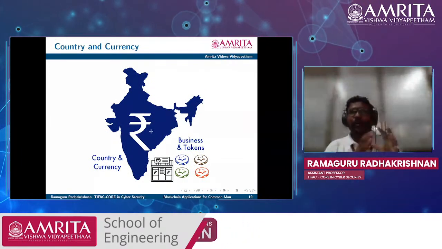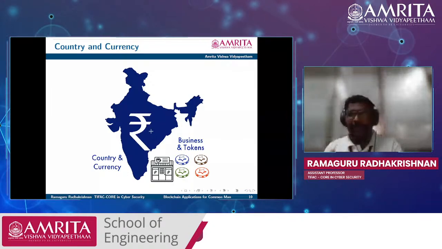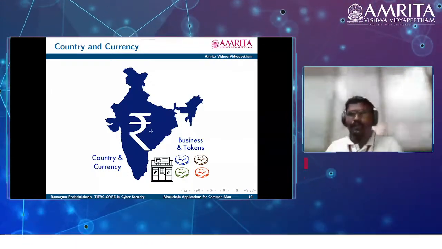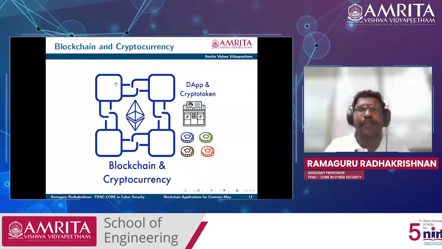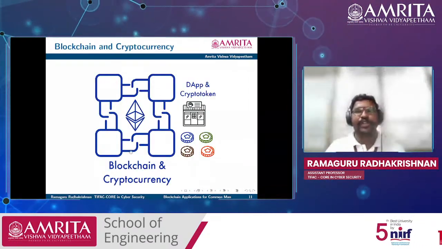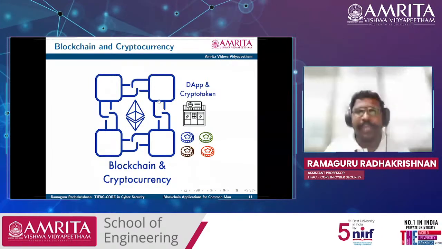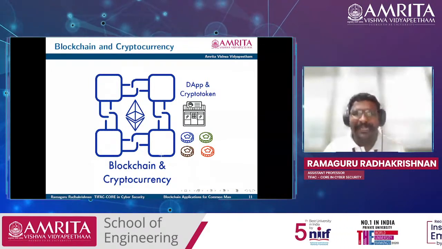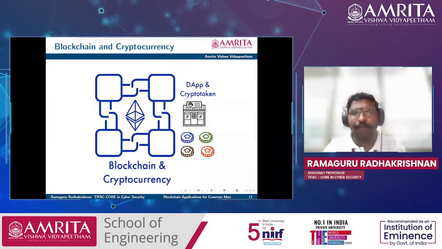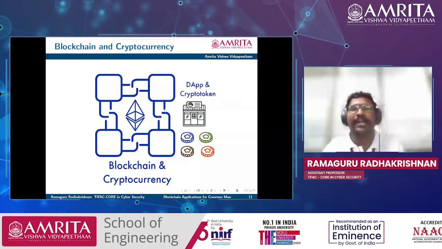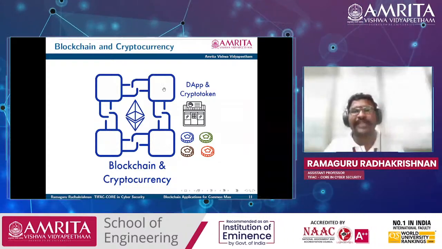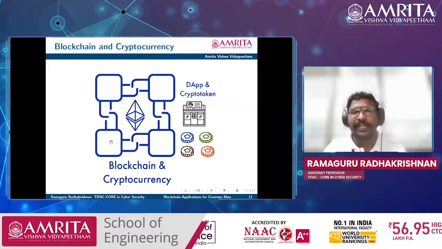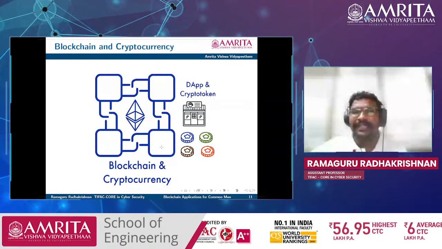Just like how India has a constitution and rules by which it operates, a blockchain also has a constitution or a set of rules based on which it validates a transaction and forms a block, which we call consensus. So any action that happens within the blockchain will be based on that defined rule.